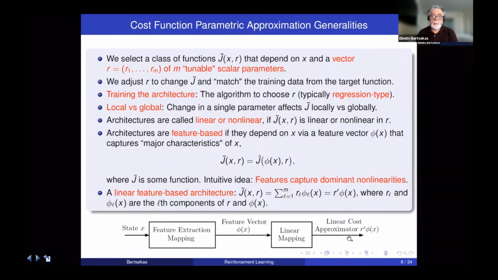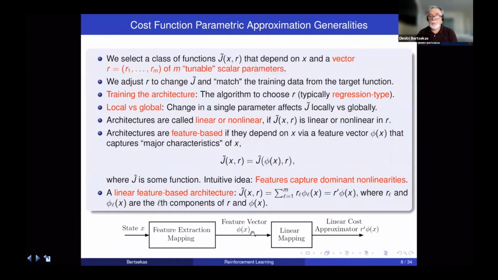And here is an illustration of a linear feature-based architecture. Given a state, we pass it through a feature extraction mapping that calculates the feature vector, these m numbers corresponding to the state x.